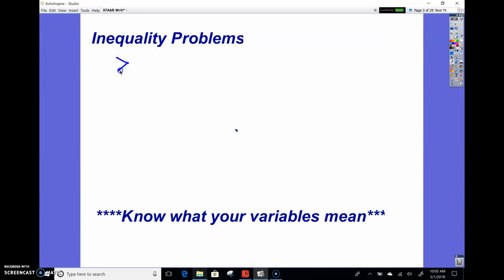Inequality problems are these. This is greater than, this is less than.